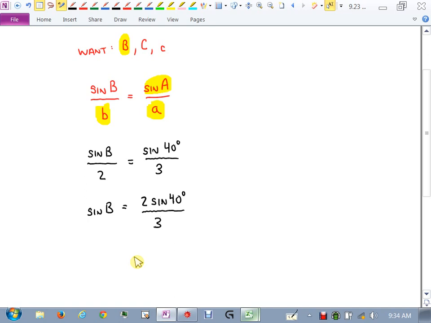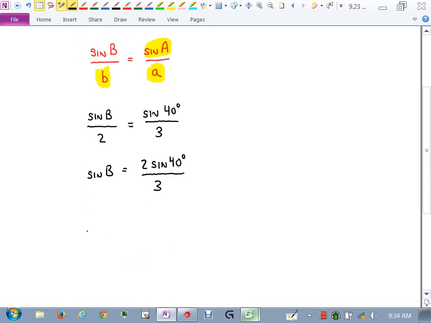I'm getting something like 0.42852, something like that. So I know that sine B must be 0.4285, I'll say 3, approximately equal to that. I'm rounding a little bit.